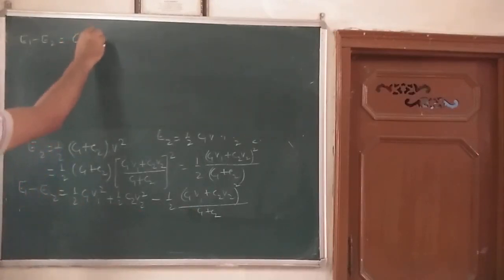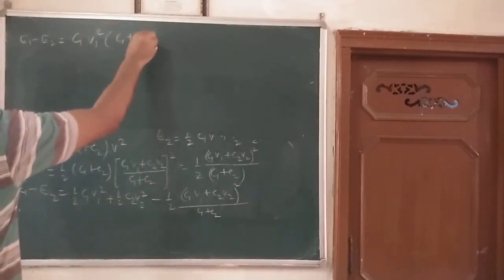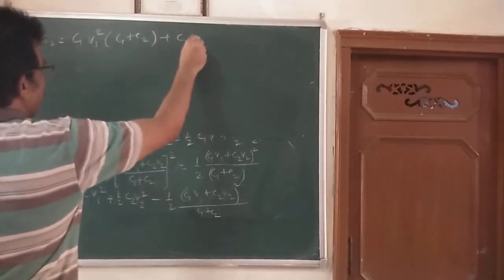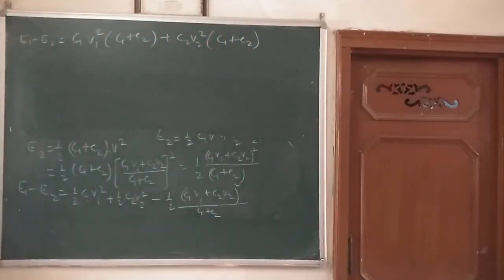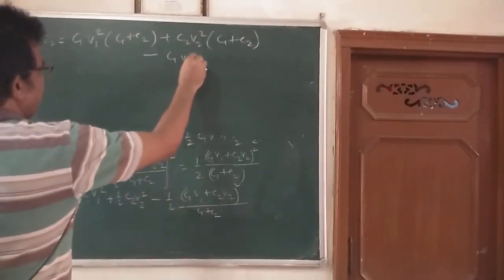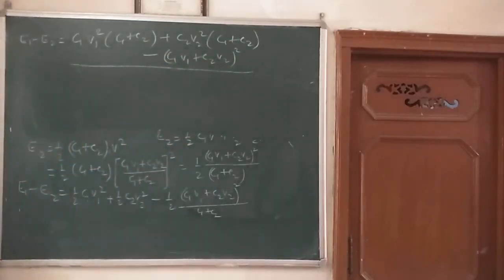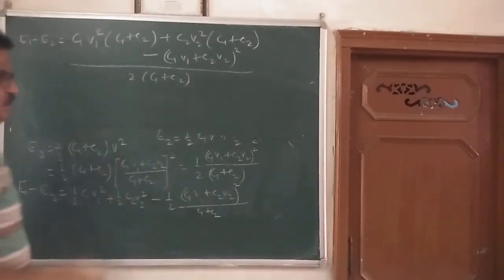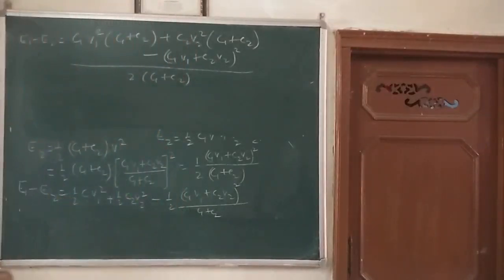C1 V1 square into C1 plus C2, similarly C2 V2 square into C1 plus C2, like this, minus (C1 V1 plus C2 V2) whole square divided by, what is the LCM here? Twice of C1 plus C2. Any problem till here? Is there any problem right now? Now solve it.